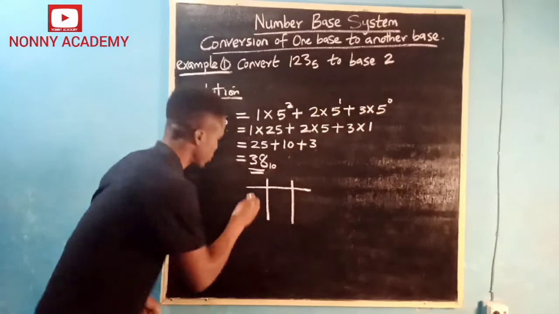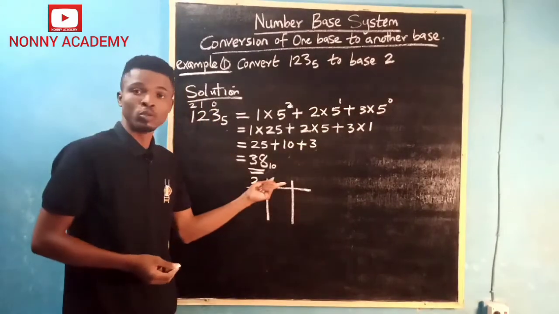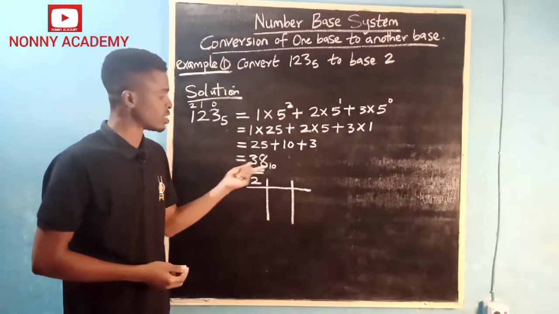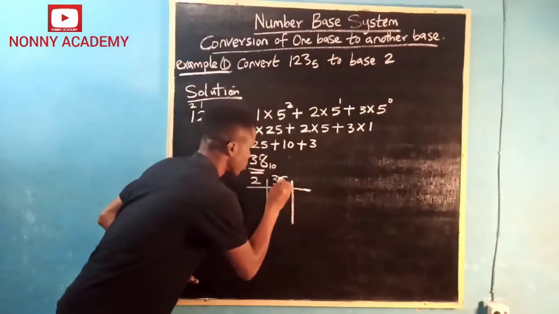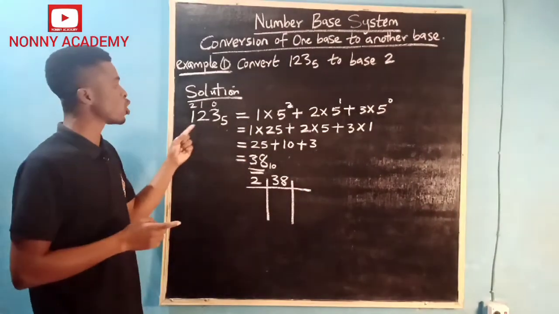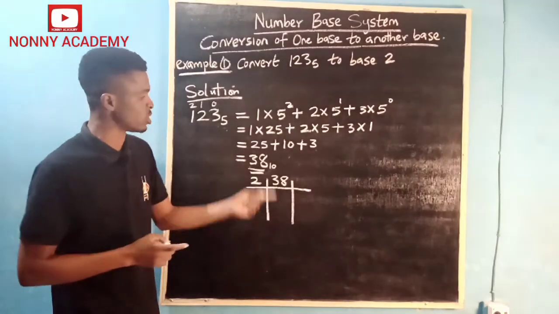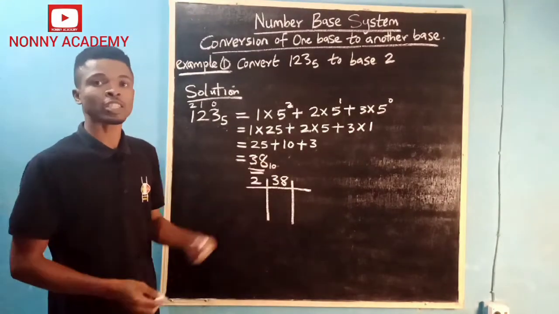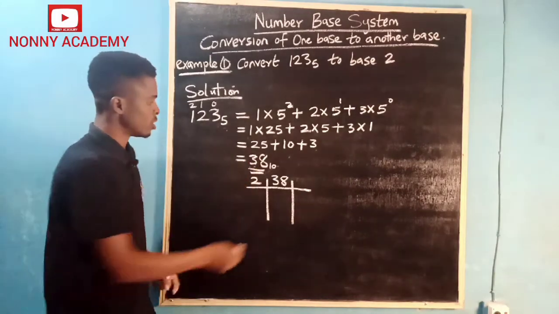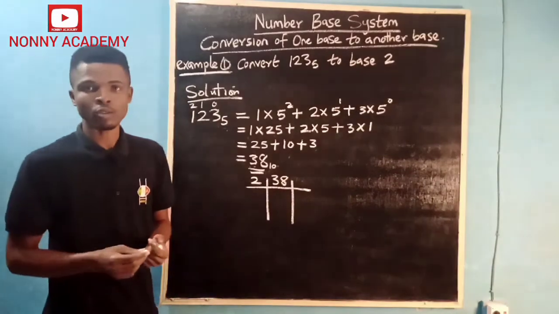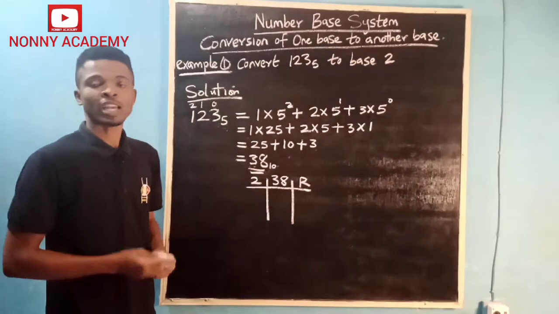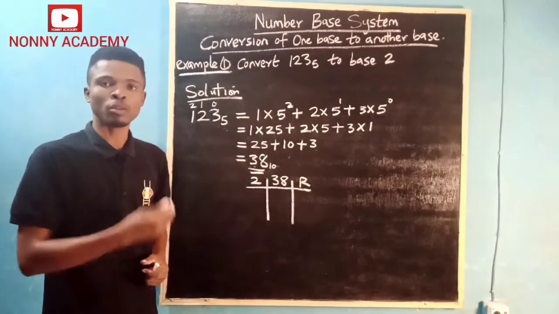In the next column, I will put 38, the number I'm converting, not 1, 2, 3. Like I said, I converted 1, 2, 3 from base 5 to base 10, which is 38 base 10. Now, in converting from base 10 to base 2, I will use 38. The last column is for remainder, R.